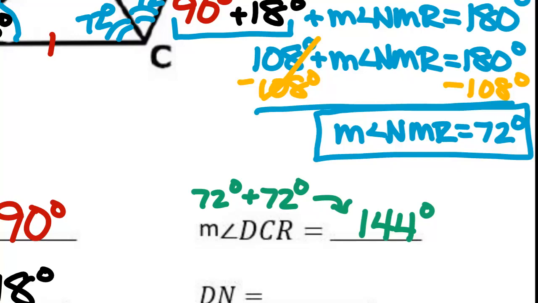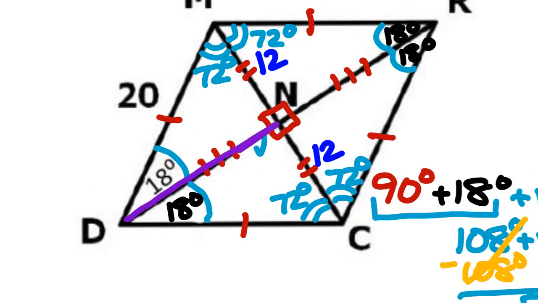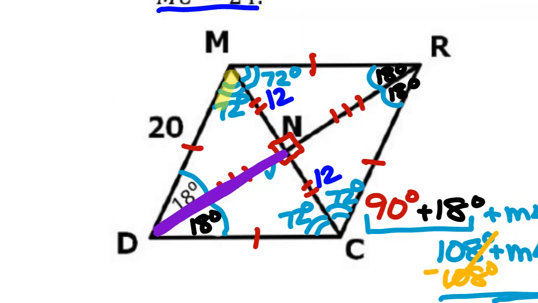All right. They want me now to find the measurement of segment DN, this segment right here. So once again, I'm looking at a right triangle, this right triangle here, because I know how big this side is, that's 20, and this side over here is 12.